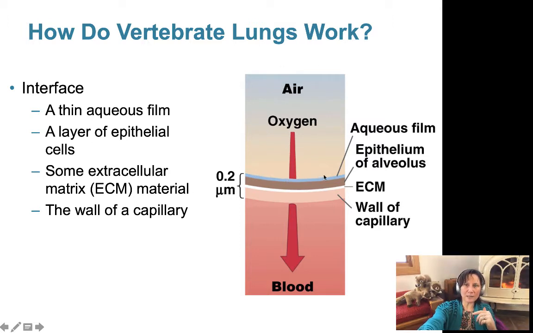There's usually an aqueous film on top, and you need that aqueous film in order for the most efficient gas diffusion to occur. Here's the one cell layer of the alveolus. There is a small space, the extracellular matrix. Here's the wall of the capillary, and then you're into the circulatory system. So you have a very short distance that you need to passively diffuse across in order to oxygenate the blood.